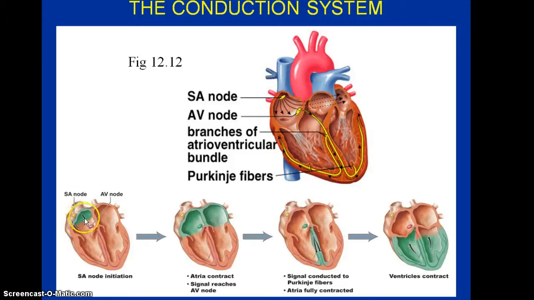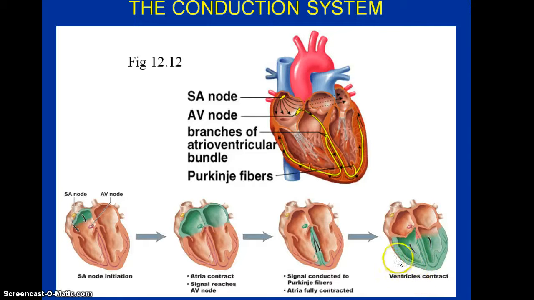We see it starting in green at the SA node, which fires and travels to the atria, and then the atria contract. But then the electrical signal continues down the septum through the AV bundle, and then lastly to the Purkinje fibers. Now the electrical signals spread throughout the ventricles, and then the ventricles contract.